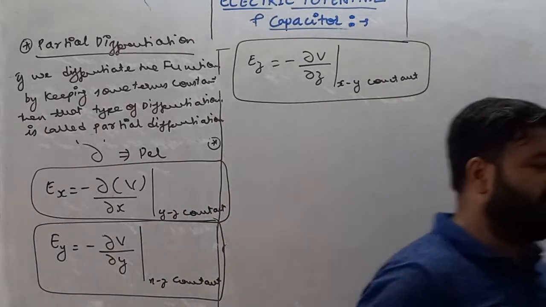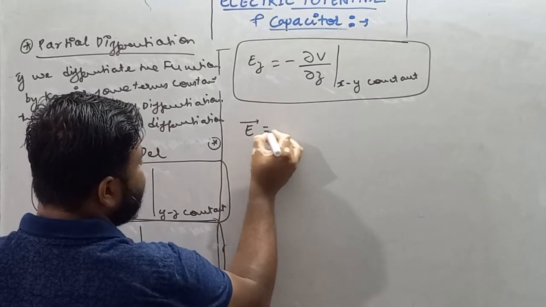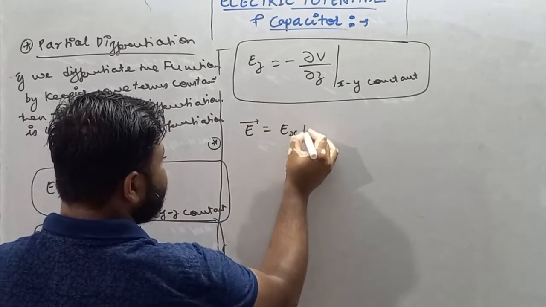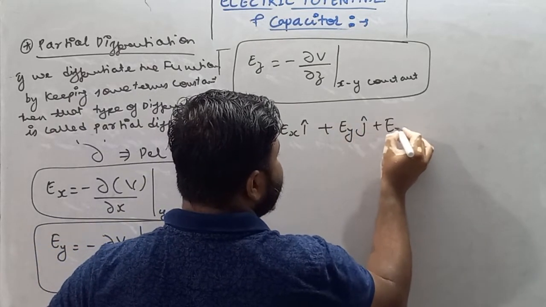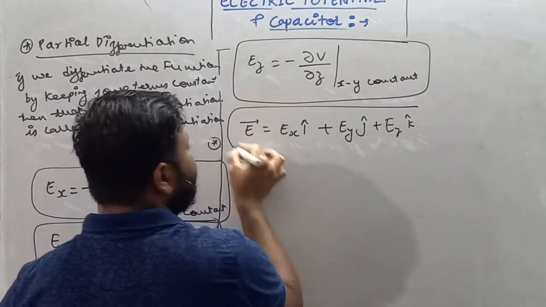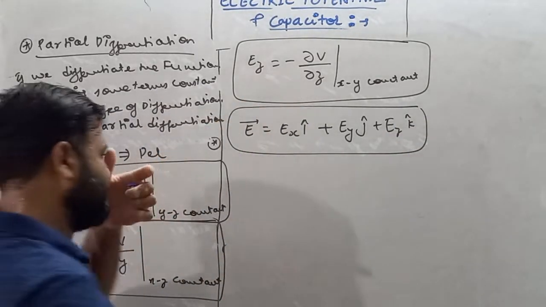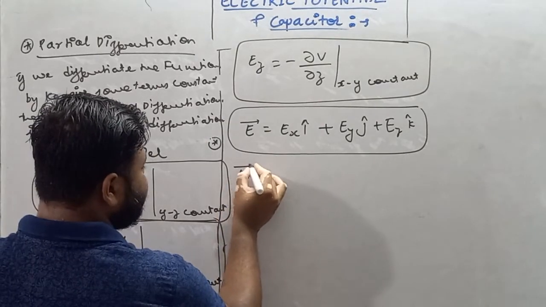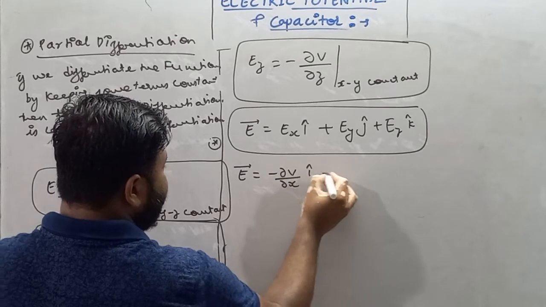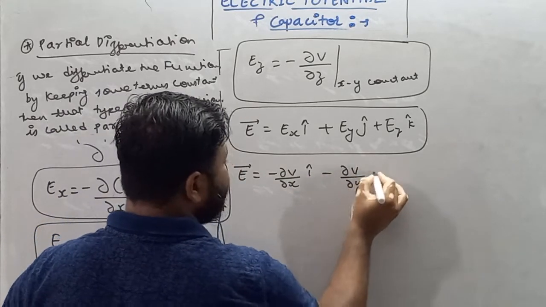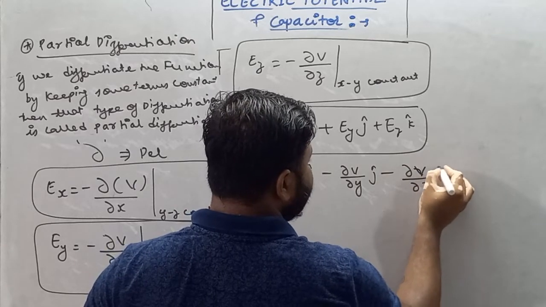Moving forward, as we know, the electric field is Ex i cap plus Ey j cap plus Ez k cap. Now put in the values of the electric field along the x-axis, y-axis and z-axis. We get E vector is equal to minus del V by del x i cap minus del V by del y j cap minus del V by del z k cap.